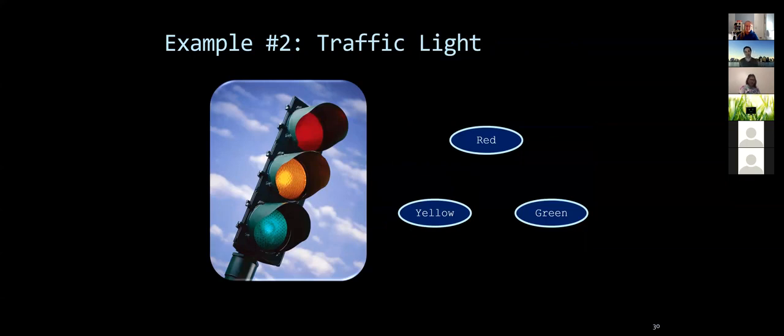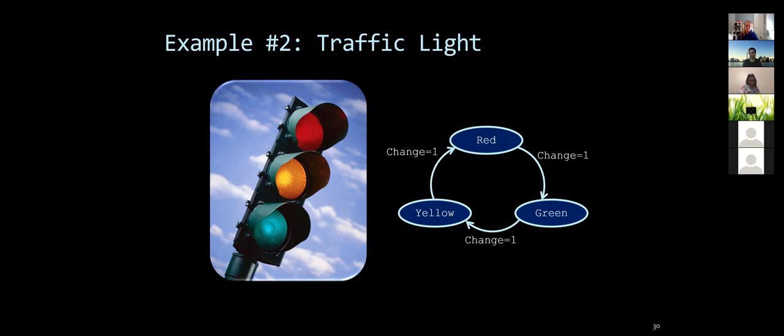Okay. Another very familiar example of a sequential circuit that you should be familiar with, I hope, is the traffic light. So it has three states, red, yellow, and green. So how does that operate? Well, there is a change flag that actually goes with a timer. The timer might not be equal for green, red, and yellow, but there is a timer.